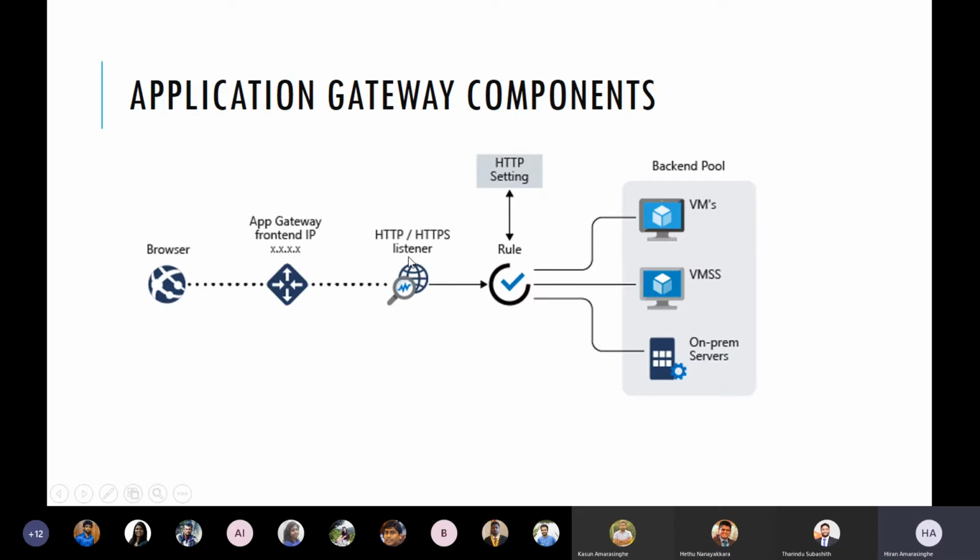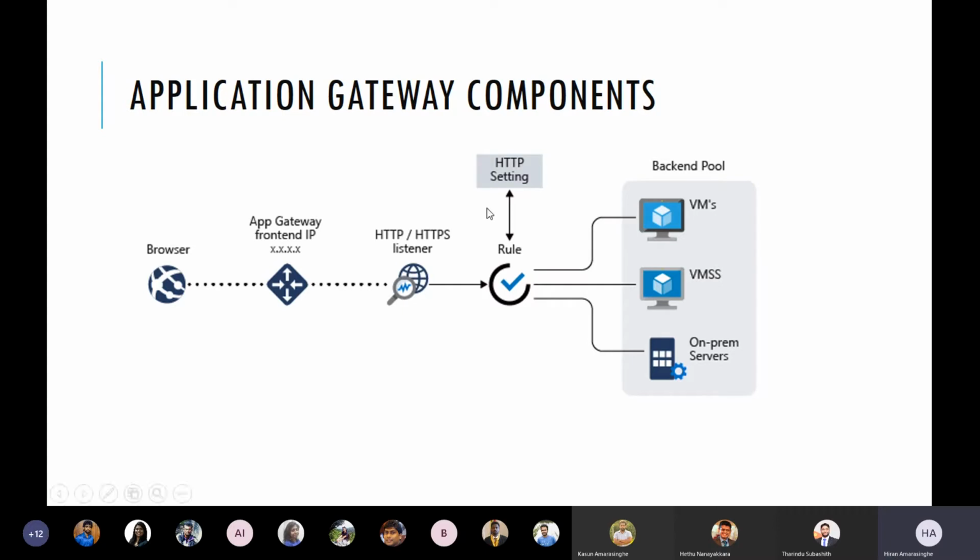There is another component called HTTP listeners, which listens to your HTTP traffic and evaluates rules. It has some backend pools with your virtual machines, web applications, public IPs, and NICs, which means network interface cards. Everything will be forwarded based on these rules.